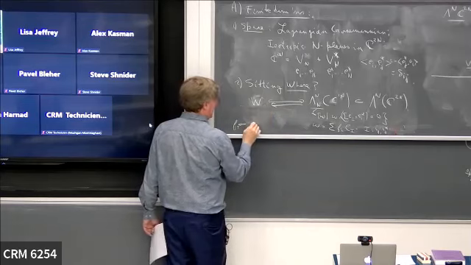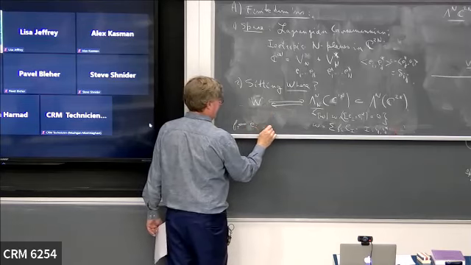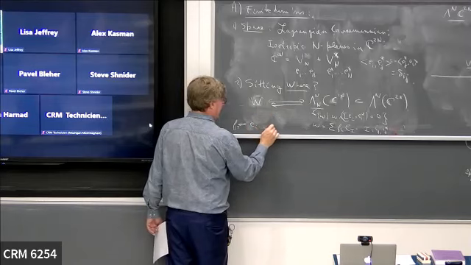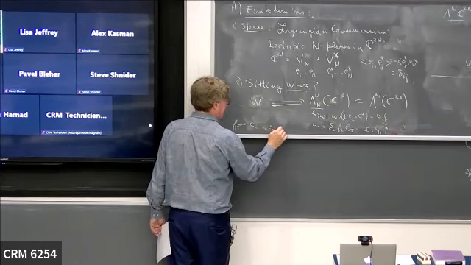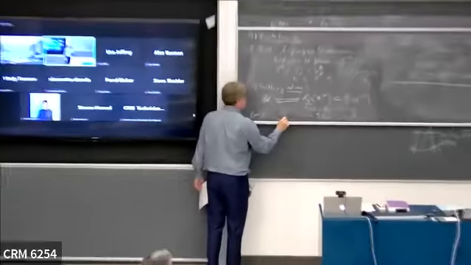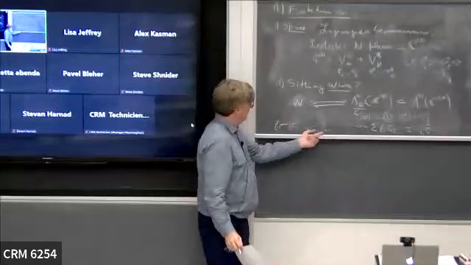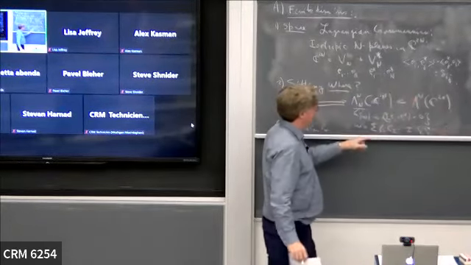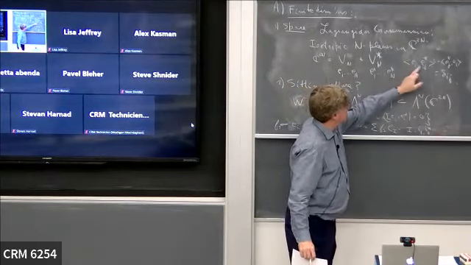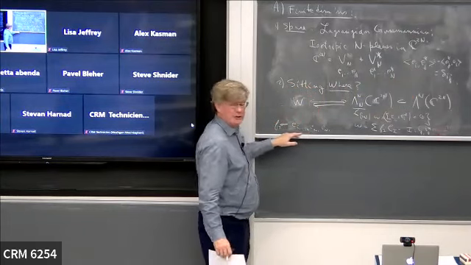Writing it out, writing basis elements here, you'll get things like EI1 through IK, and then in the complementary set of indices. You're taking the set of indices, either starred or unstarred, enumerated 1 to n.